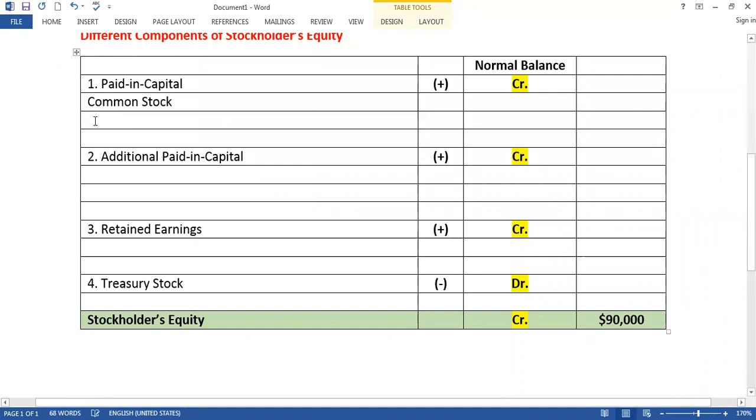In our long-term liability chapters, when we calculated earnings per share, at that time I already explained how to calculate the dividend for common stock and for preferred stock, right? So at that time I already explained clearly the differences between common stock and preferred stock.